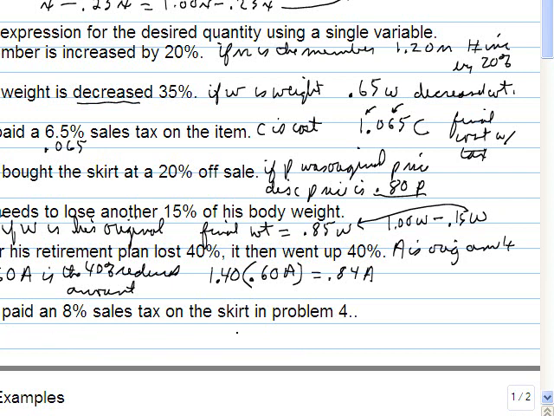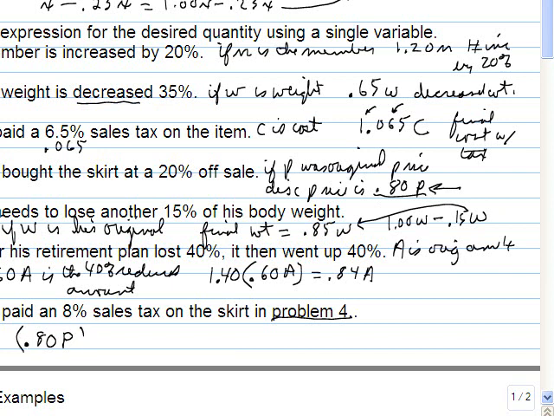In problem number 4, we talked about a person getting 20% off price. And we said, well, if she saves 20%, then the price after that is 80% of P. Well, what if she then pays an 8% sales tax? That takes that 80% of P and increases that amount, not the original amount, not the P, the price of the skirt, but the 80% of P, which is what she's paying. That gets increased 8%.